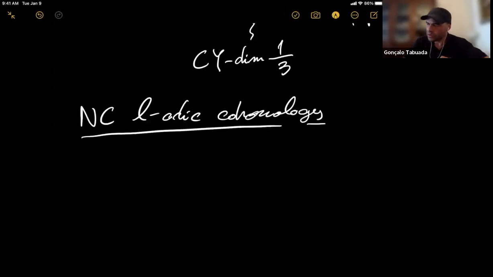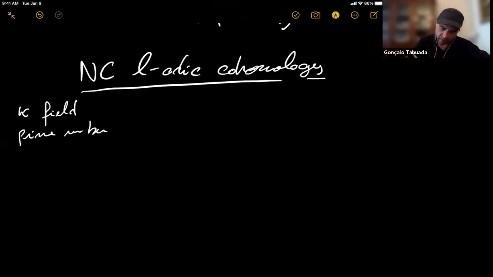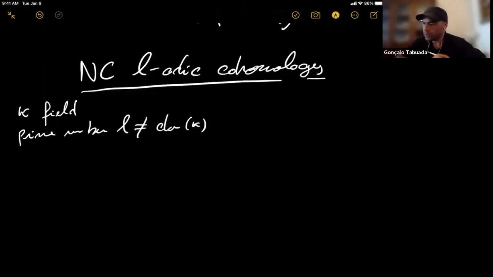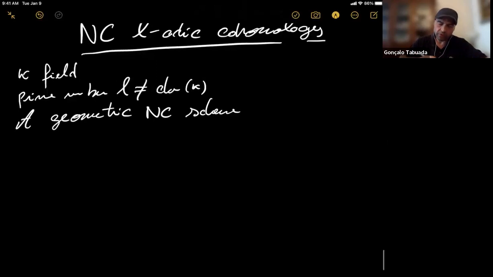One possibility here: once again, suppose that we are working over a field, and I'm going to choose a prime number, let's say l, different from the characteristic of my field, and I have a geometric non-commutative scheme A, and I would like to define for A some kind of non-commutative l-adic cohomology.